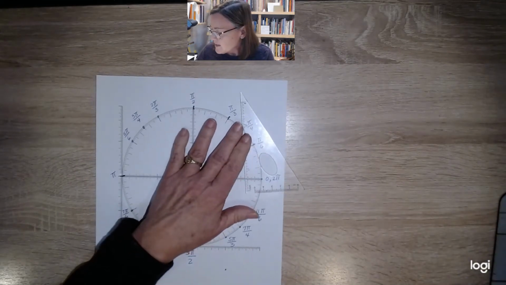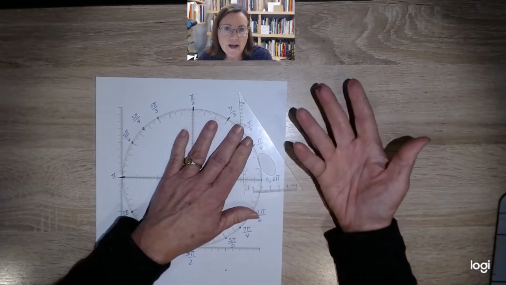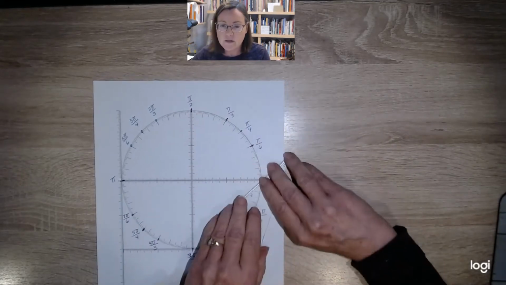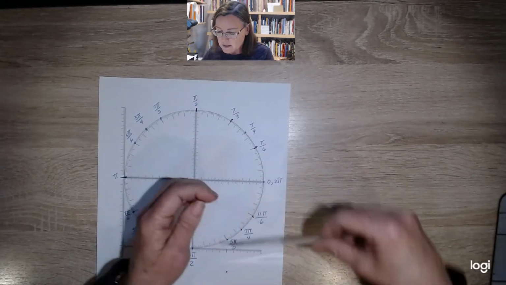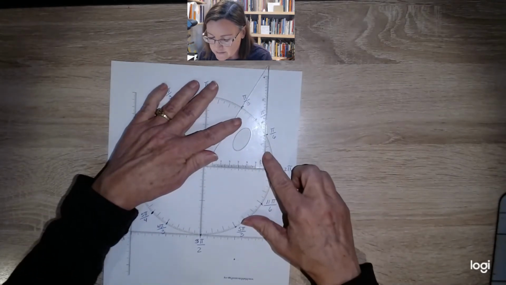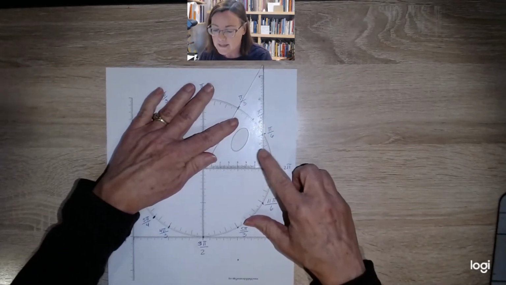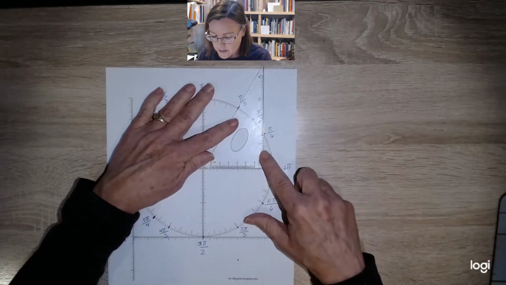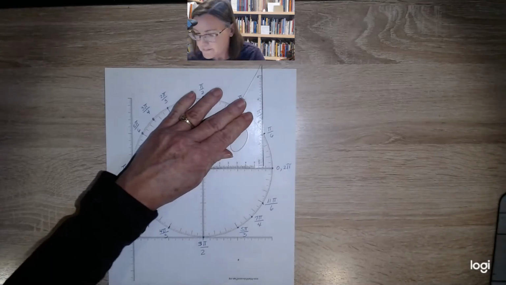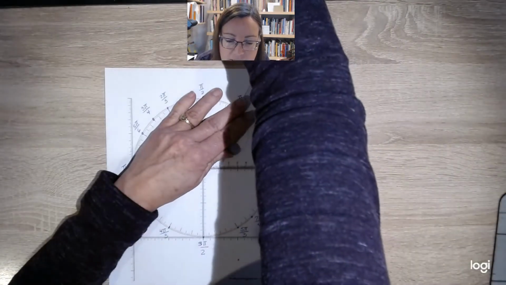Remember that sine is your y values of any of these coordinates. So if I take my little right angle measure and drop it at a right angle onto the x-axis through my pi over 6, I'm going to trace that so it's easy for me to see.